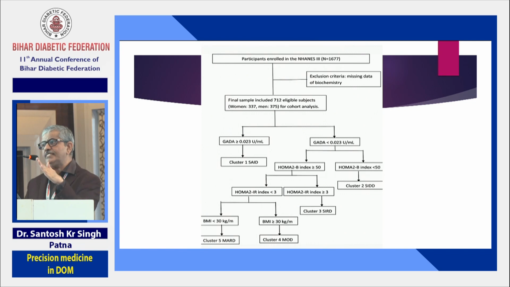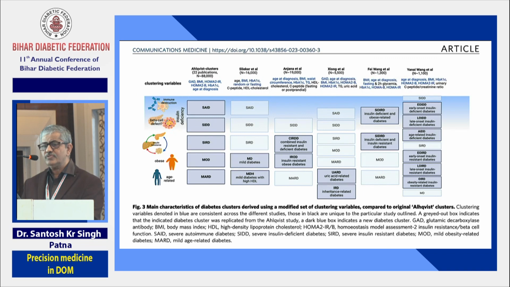So 6%, 24%, and 24% is the combination of the two, and maximally it was severe insulin deficient diabetes, prevalent in 40%. So in our patient population, definitely we are having more patients who are having significant insulin secretory dysfunction.